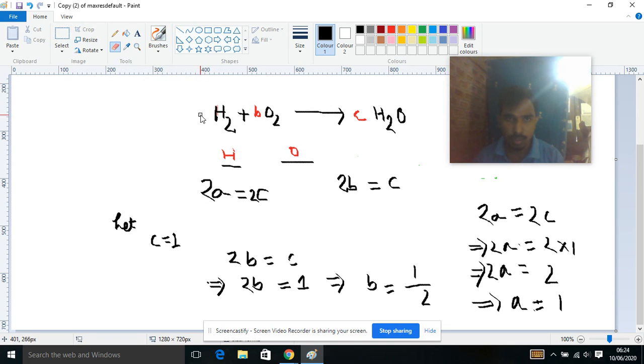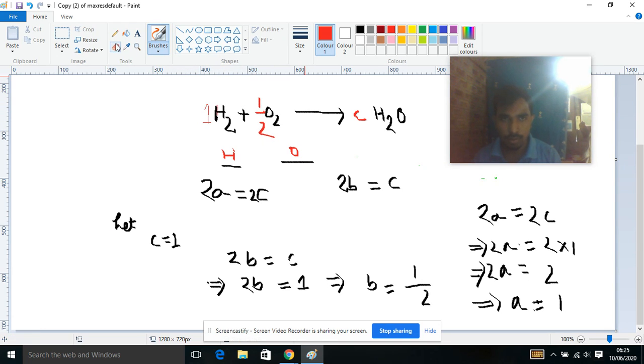A equals 1, so here we have to put 1. And the value of B equals half, 1 by 2.